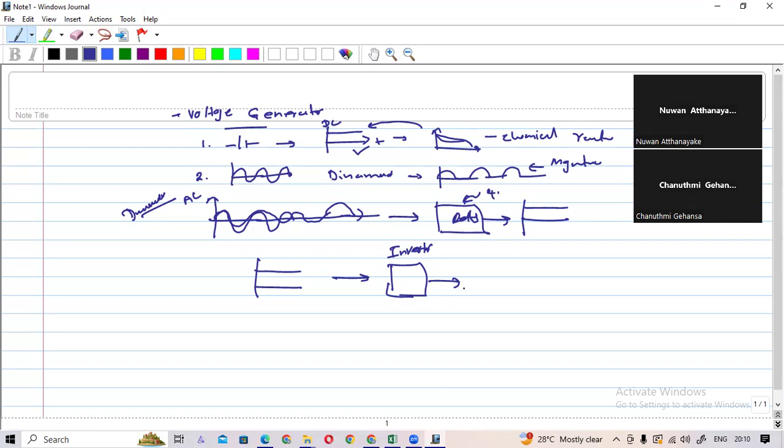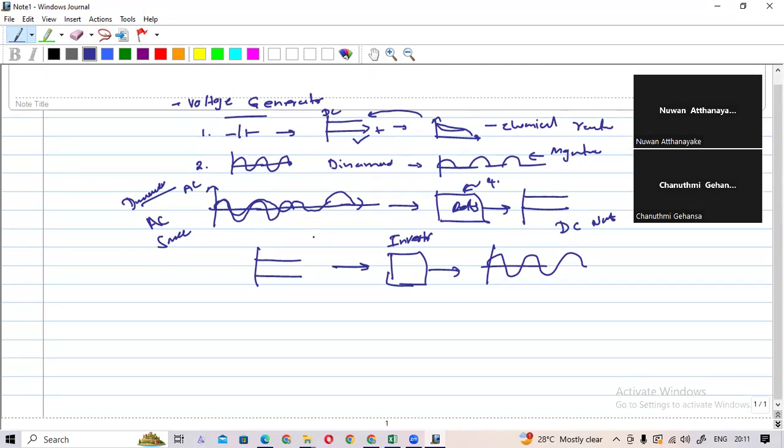So generation of AC signal, sine signal, and DC signal is not a problem. Those are some basic things we can use.